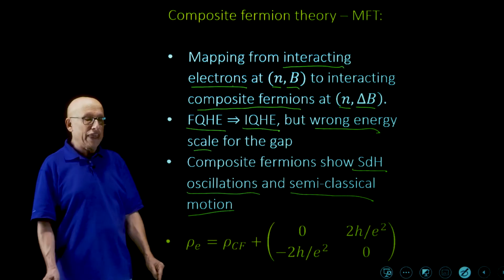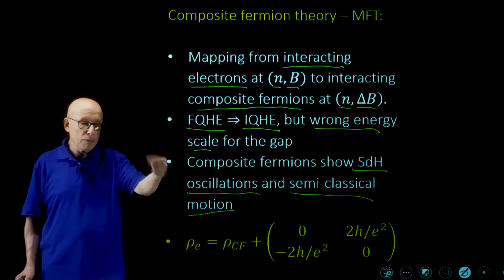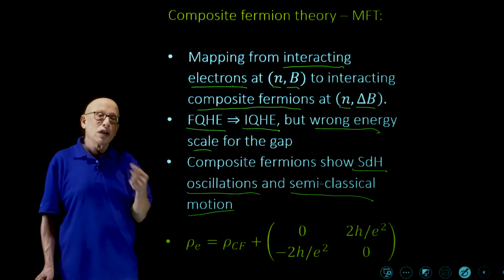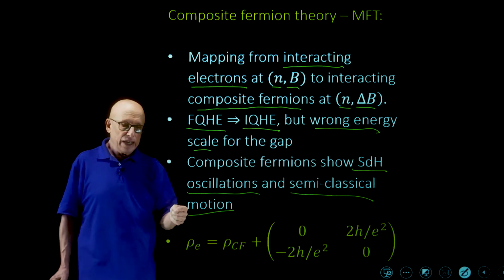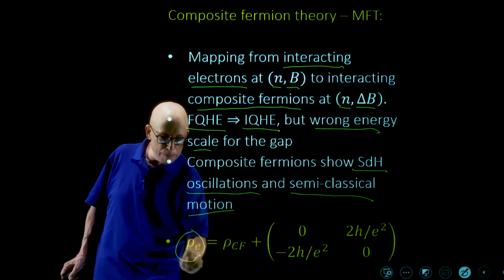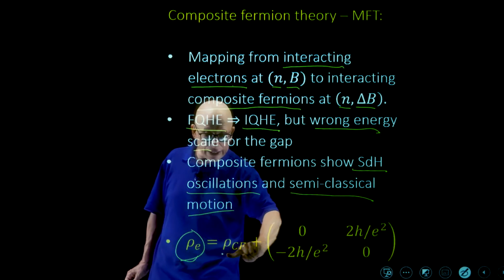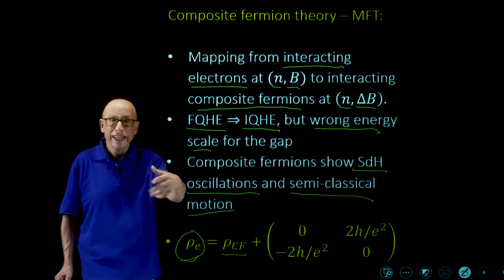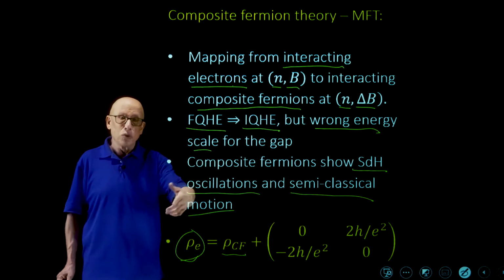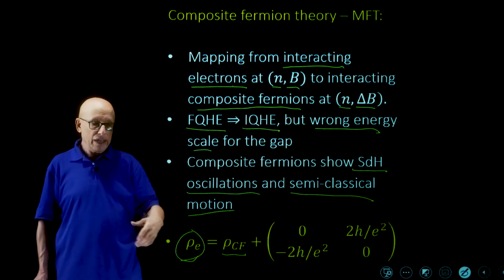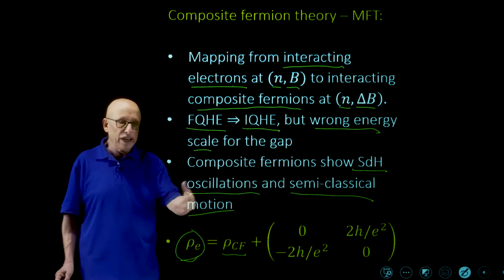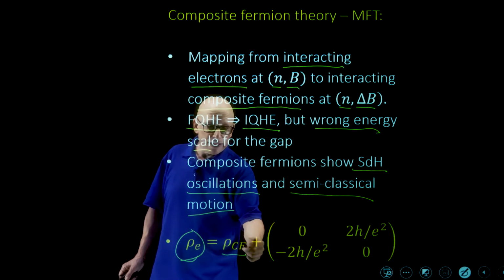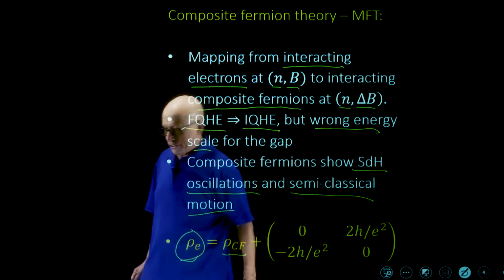Last, we saw that composite fermion theory gave us a calculational tool to calculate the electronic observables, which are what we can measure in the lab, by calculating the composite fermion response functions, which are easier to actually carry out calculations of, and converting composite fermion response functions to electronic response functions.